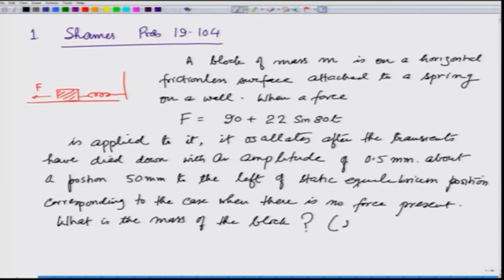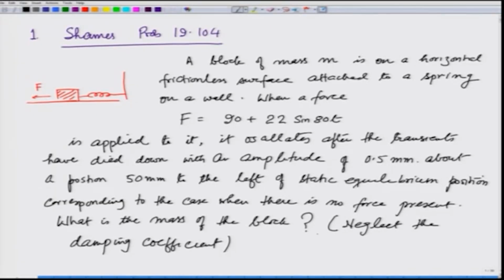We will be taking a case where we can neglect the damping coefficient. Only thing that this damping coefficient does is makes the transients go down with time, and we are talking about steady state solution.